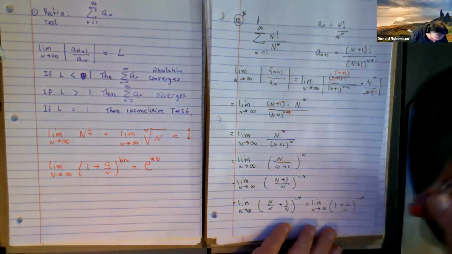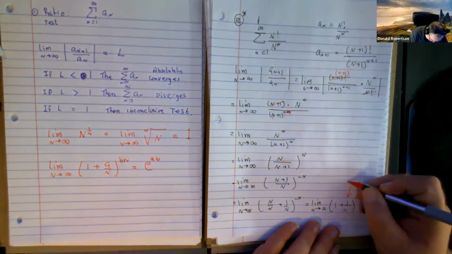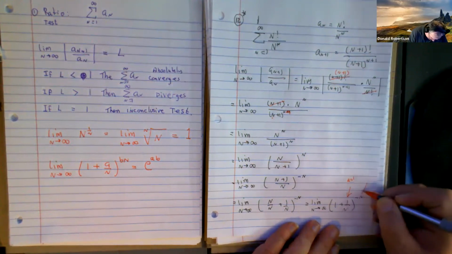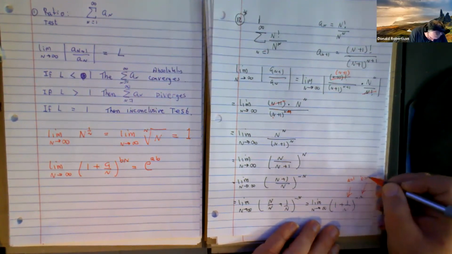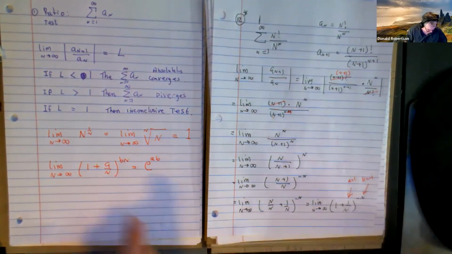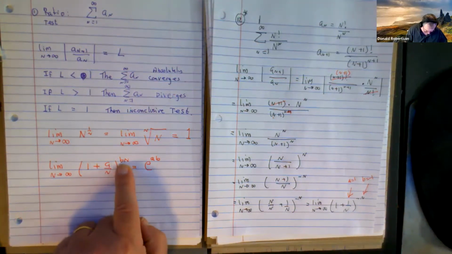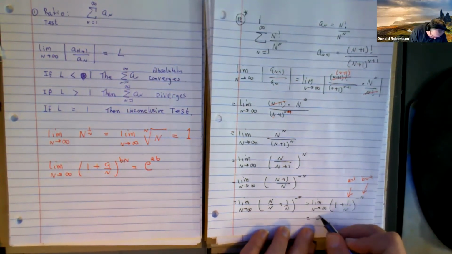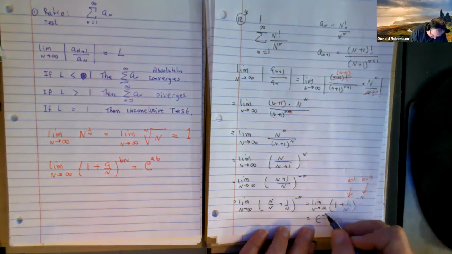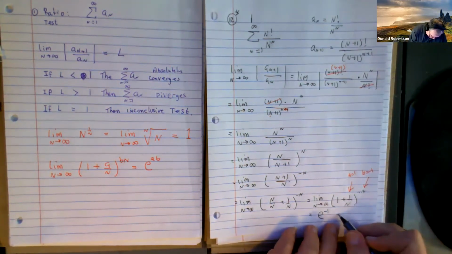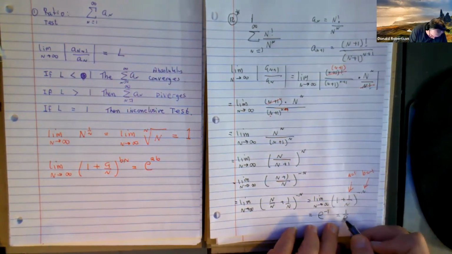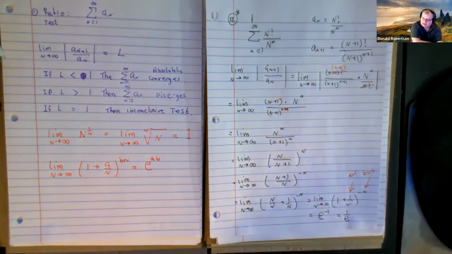Now, in this question, a is 1 and b is minus 1. So this is e to the 1 times minus 1, e to the minus 1, which is also the same thing as 1 over e. So that's what the limit of the ratio is, 1 over e.